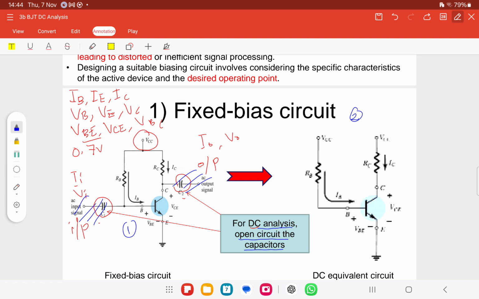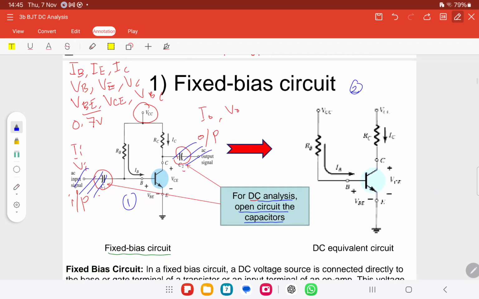Okay. For DC analysis it is different. For DC analysis, capacitor is considered open circuit. For AC, it is the opposite: DC open, AC short. So for DC, it is physically there, but in calculations it is not there. It should connect here, but it is not there, because it is an open circuit. Any resistor connected after it is considered not there, because it is open circuit at that point.